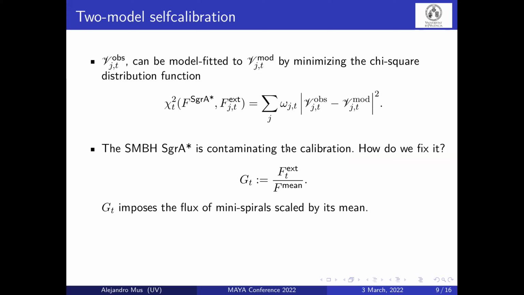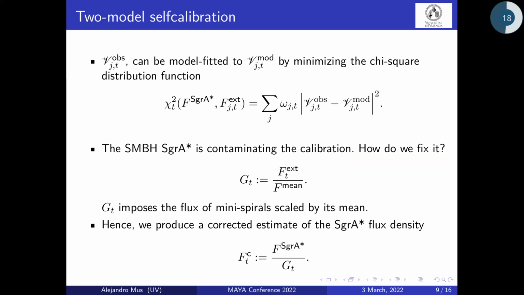So we consider this gain. What we're saying here is basically the flux has to be constant. We scale it by its mean, and it has to be constant, which we know because the standard source is constant. With this, we can produce a correct estimate of the Sagittarius A star flux density.